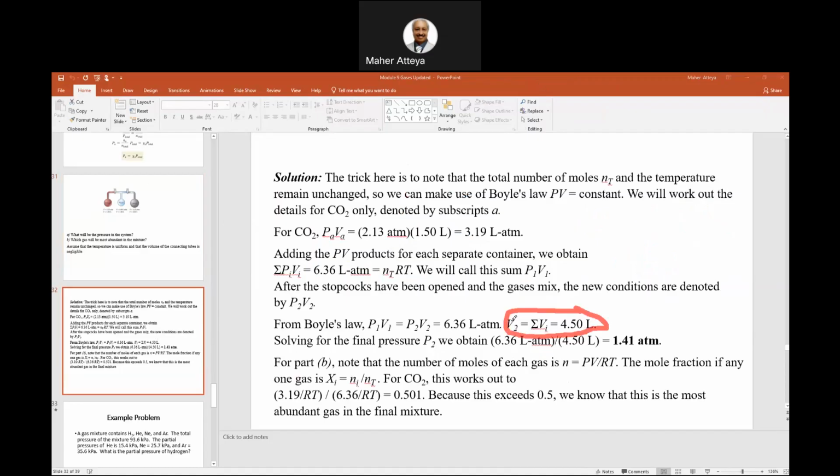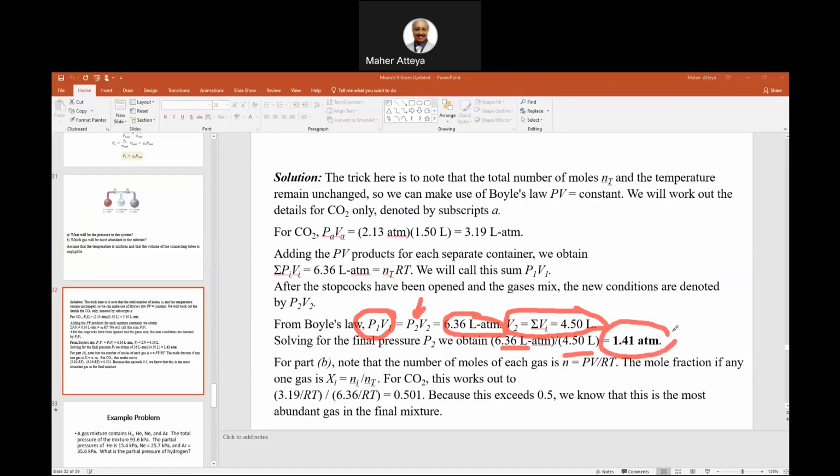And the value of the numerator is this, right? So you can calculate P2. P2 will be the whole thing here divided by V2, the total volume.